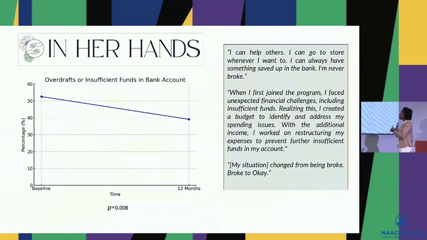Then 12 months in, we were able to see that decrease to maybe 39% or so that were experiencing these insufficient funds. And the quote I appreciate from one participant: "My situation changed from being broke to okay." So we were able to see that shift, not only from a qualitative standpoint, but a quantitative as well. Next slide.